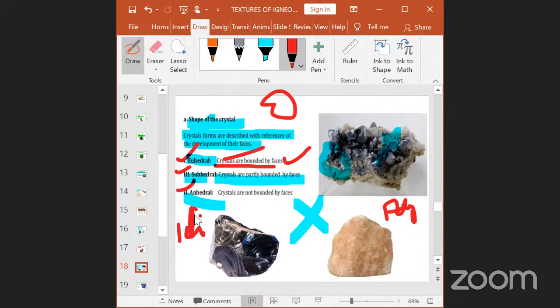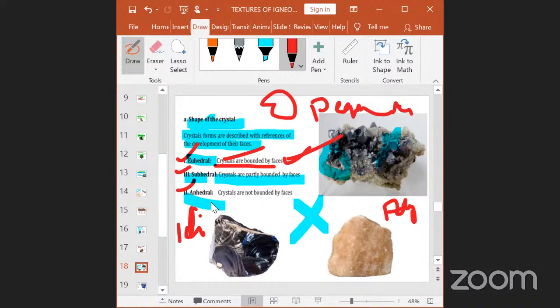Idiomorphic or automorphic are equivalent terms used for euhedral grains. Panidiomorphic granular texture comprises a majority of grains with euhedral shape. An example is pegmatite.